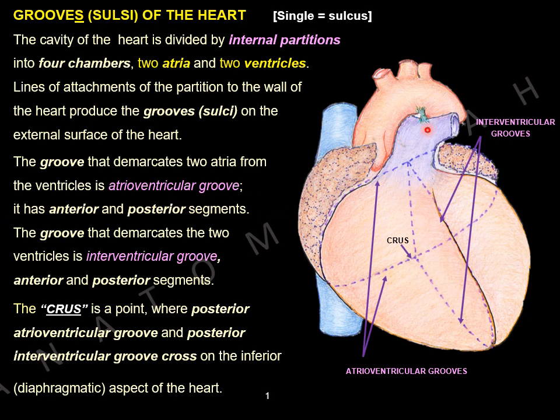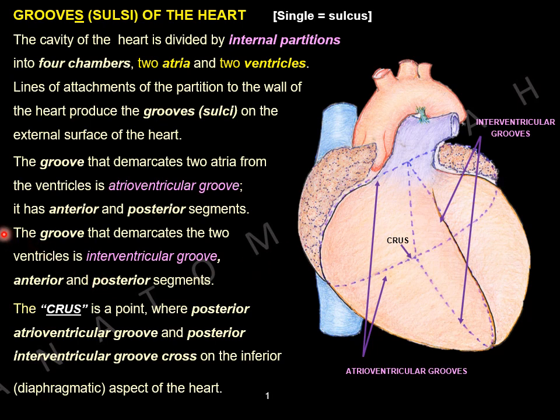Here, two atria are presented here. Two ventricles are here. The groove which demarcates between the two atria and two ventricles is atrioventricular groove. This is anterior segment of the atrioventricular groove, and this is posterior segment of the atrioventricular groove.